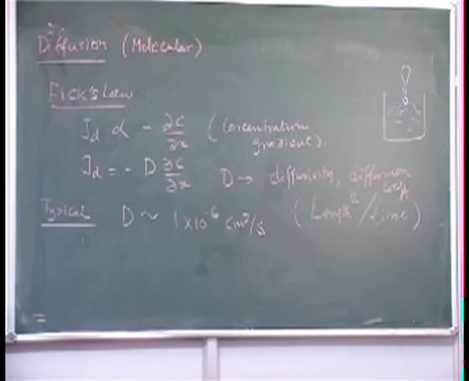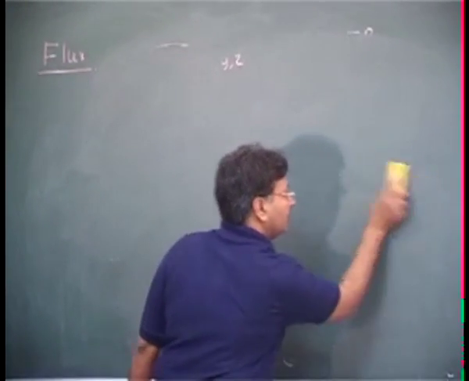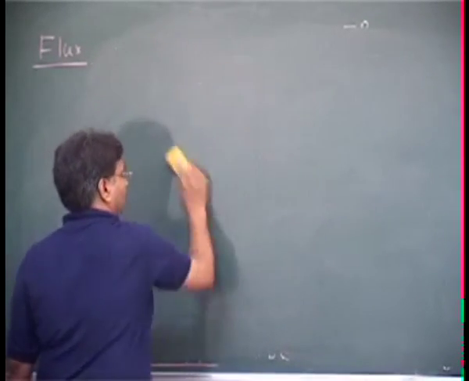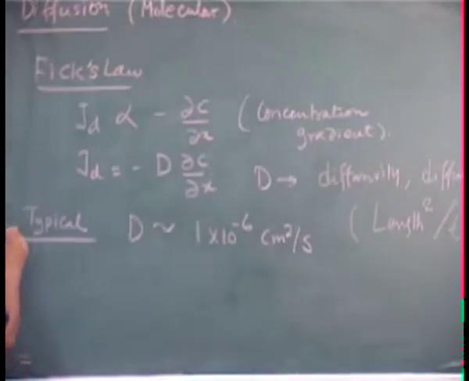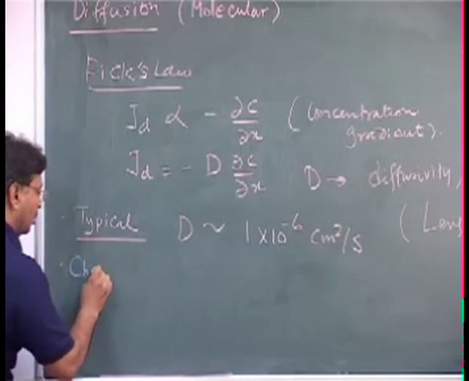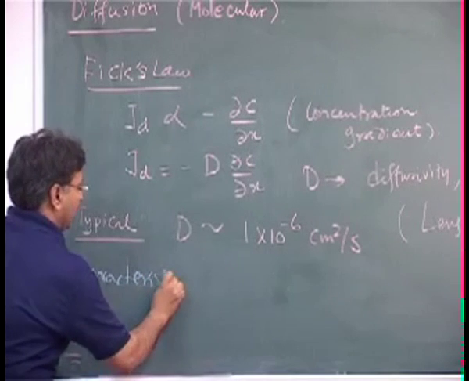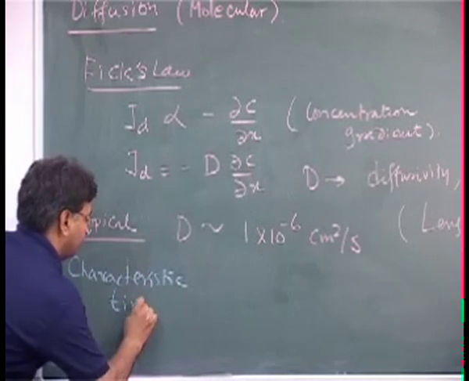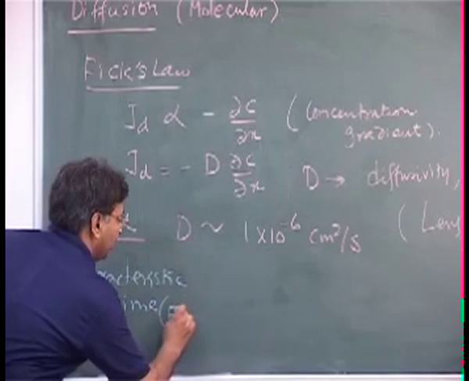You have noted this one down, so I'll remove this. Another simple example. Let's also define another thing: the characteristic time for molecular diffusion, and this was given by Albert Einstein.